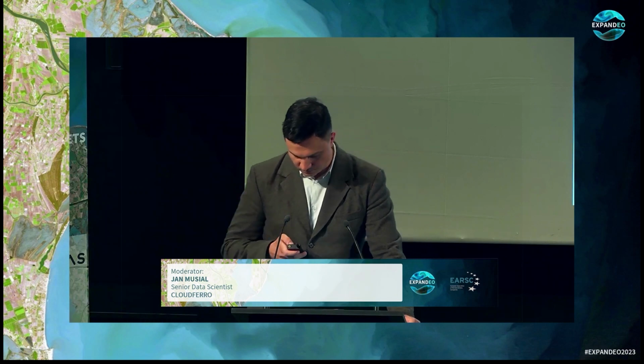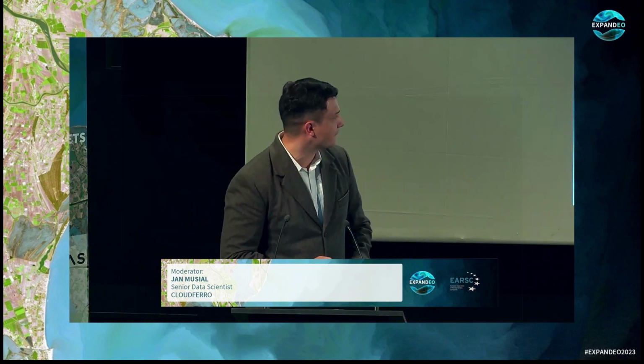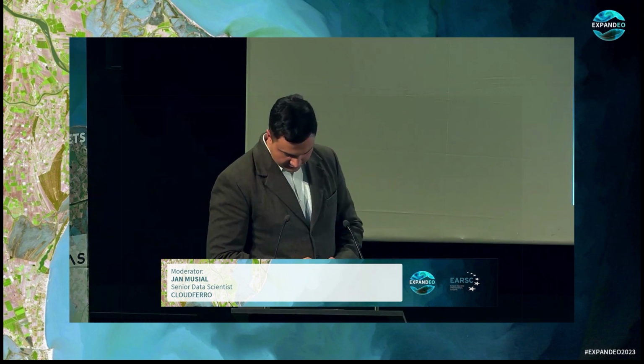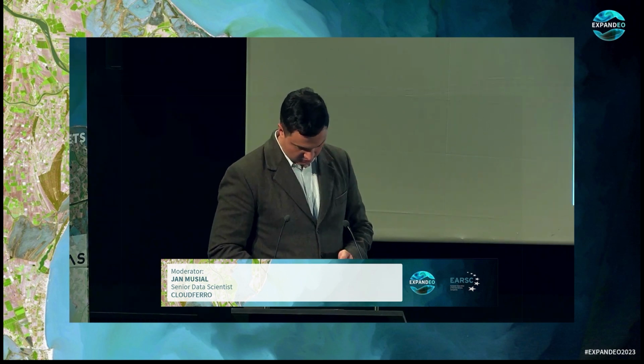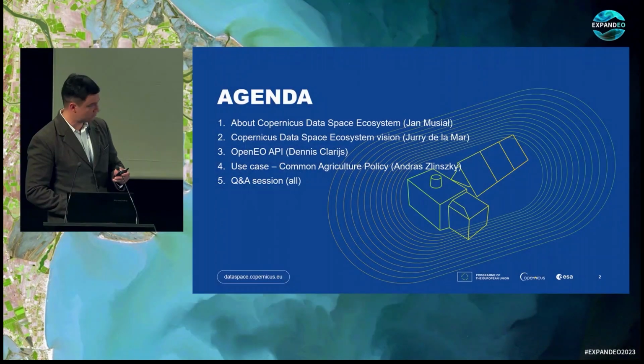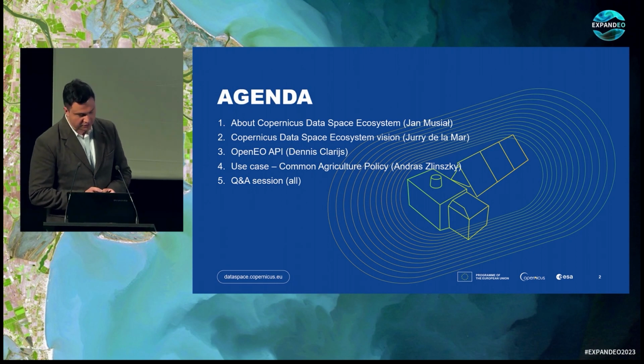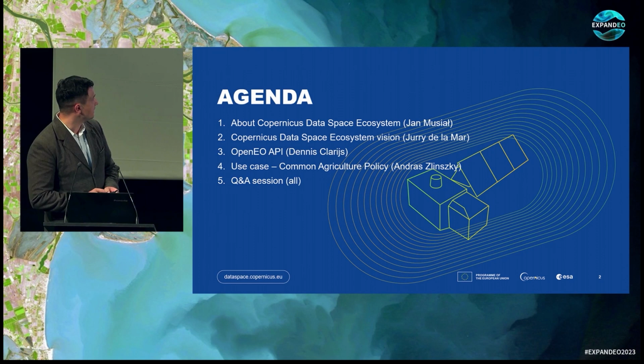So let me start with the agenda for today. With the clicker, if it works. It works. Okay, so I will give you a short introduction into the Copernicus Data Space Ecosystem, and then Yuri Delamar will tell about the vision of the project.